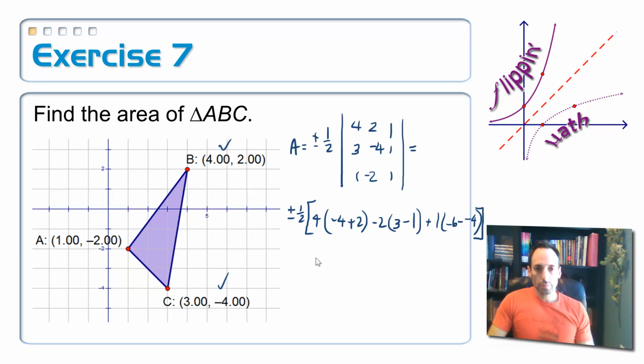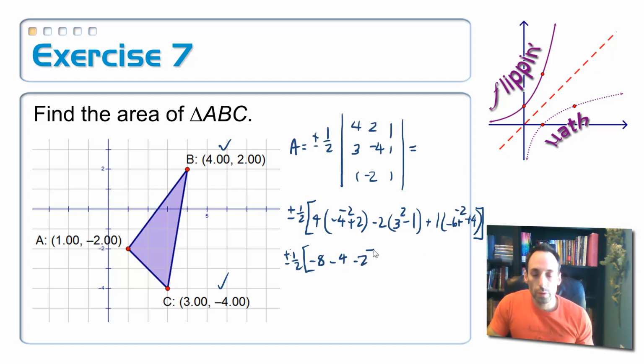Clean it up. So I've got plus or minus 1/2 still. Brackets here, this is a -2 times 4 is a -8. And this one is a 2 times -2 is a -4. And this is a -2.